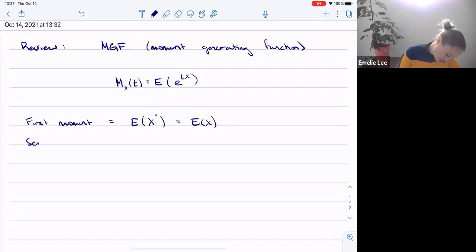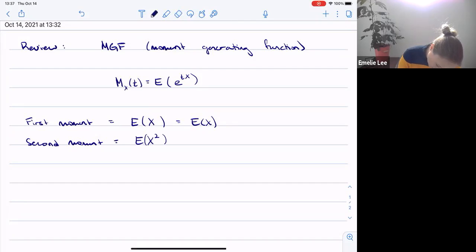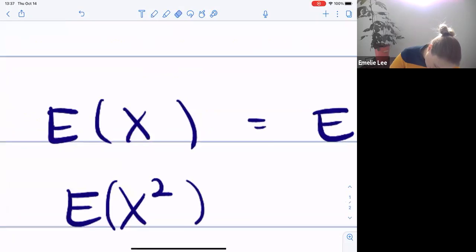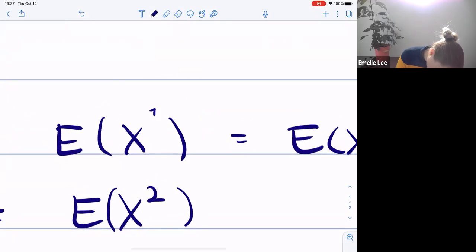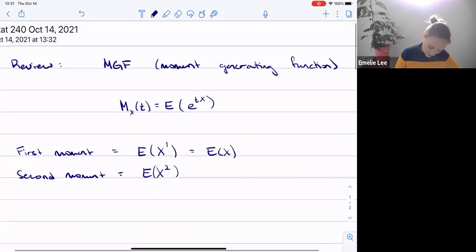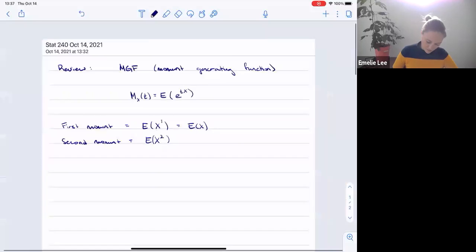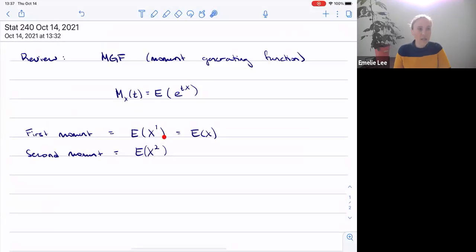And then the second moment is the expected value of x squared. And just so it doesn't look like a prime, I'll make sure it's a 1. So the first moment is the expected value of x to the power of 1, and so that's just the expected value of x. The second moment is the expected value of x squared, and so on and so forth.